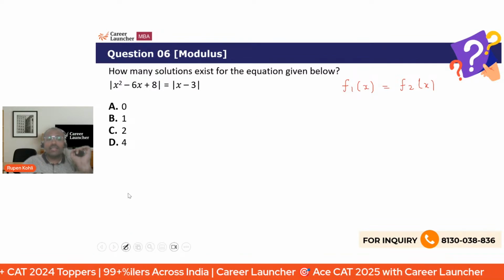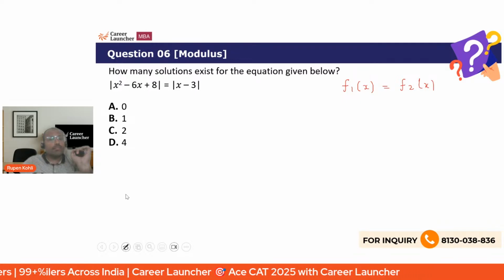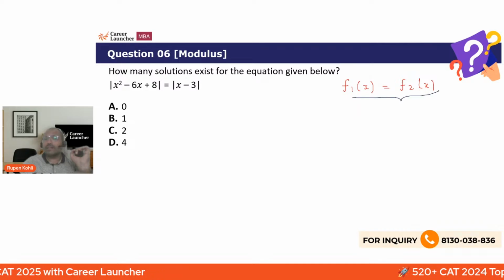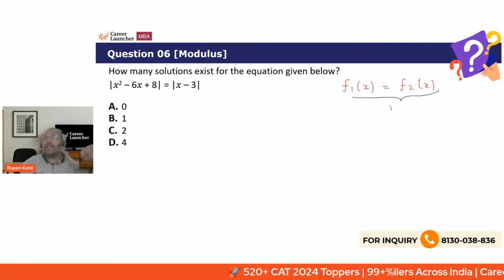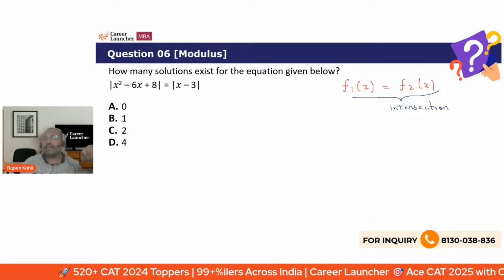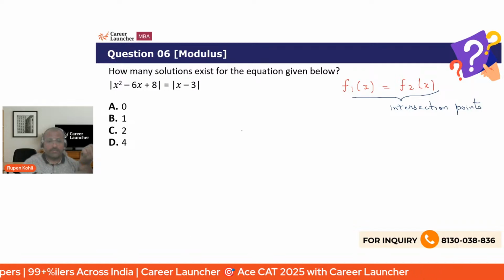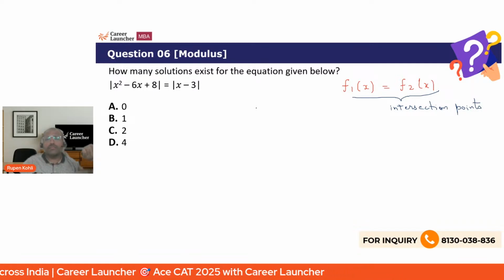Let's see their points of intersection, because f1x equals f2x, graphically it tells us that their graphs are intersecting. So we are looking for basically the intersection points of these graphs on the xy plane. So that is something that we can do.